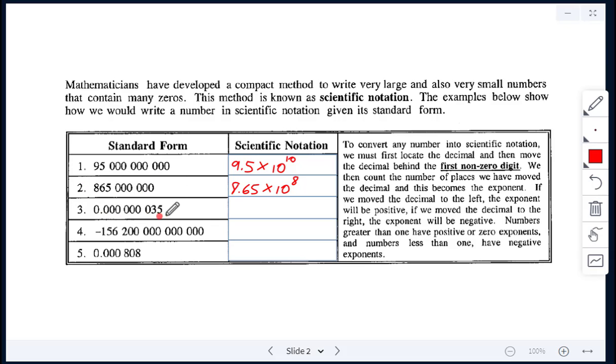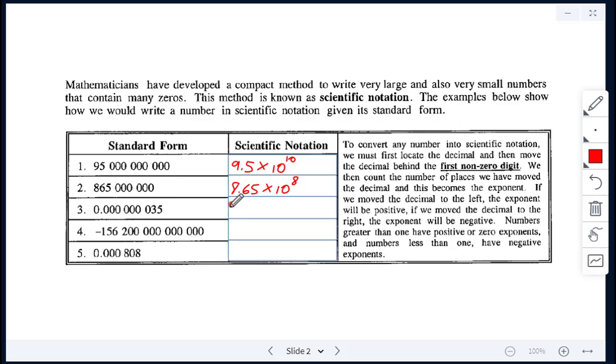So this number here, it's a very small number. It's less than 1. So in this case, our exponent would be a negative exponent. So here is our decimal point, and we're moving to the right. So 1, 2, 3, 4, 5, 6, 7, 8. 8 decimal places to the right.